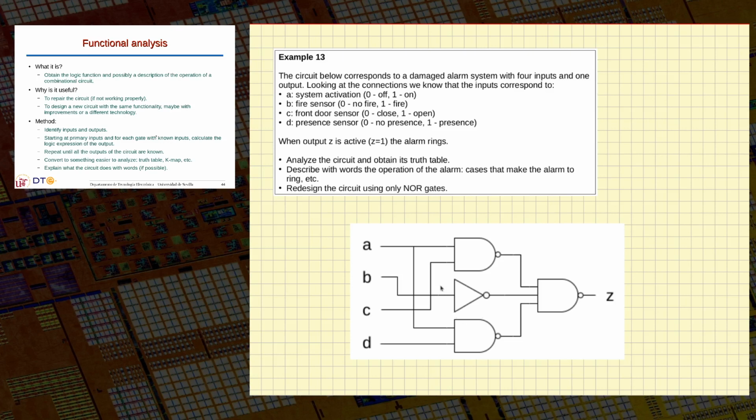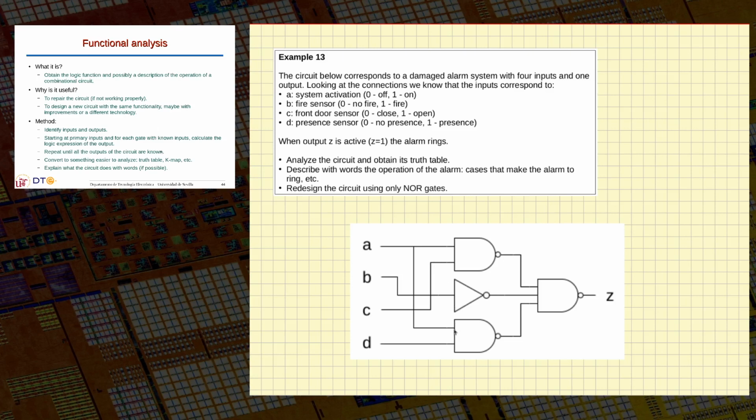So we know that the A input is connected to the system activation switch. B comes from a fire sensor. C comes from a sensor at the front door of the house, and D comes from a presence sensor in the main area of the house. Okay, and we know that all these inputs are activated with a 1.